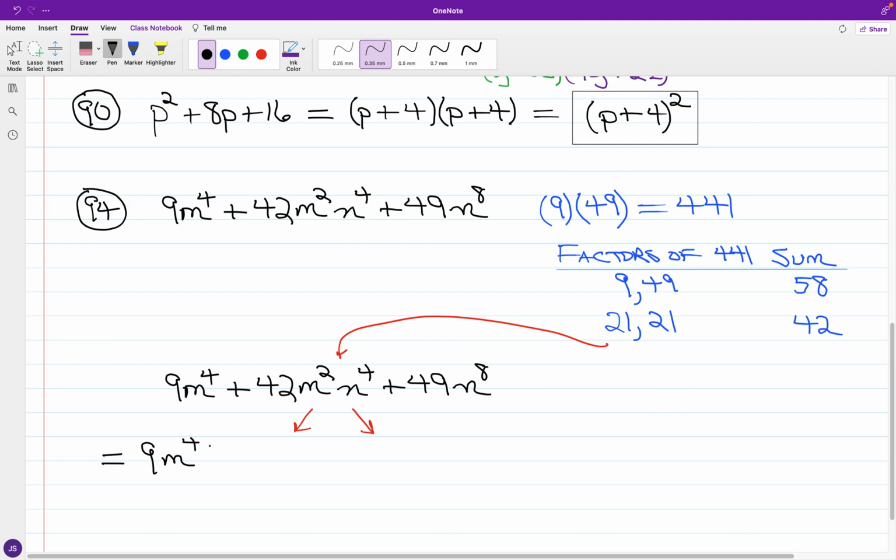So I have 9m to the fourth, plus 21m squared n to the fourth, plus 21m squared n to the fourth, plus 49n to the eighth.